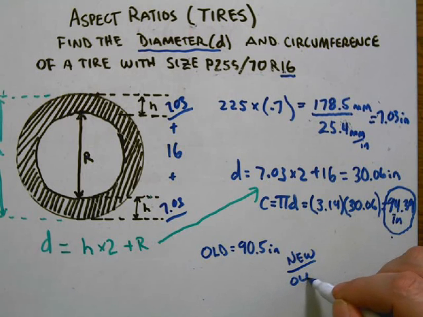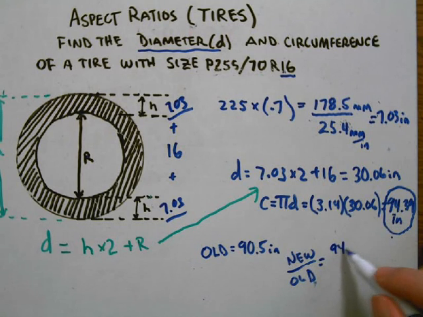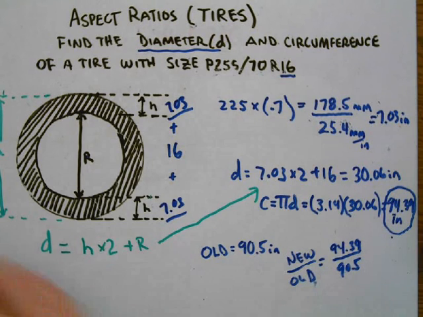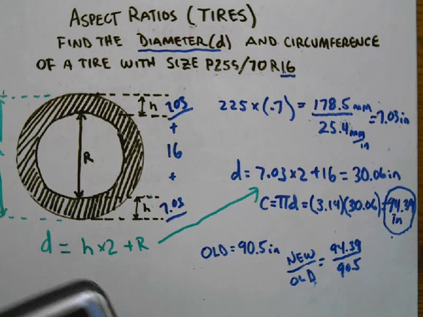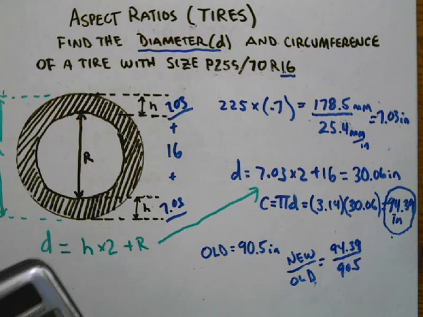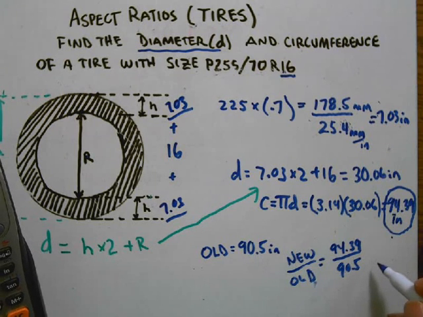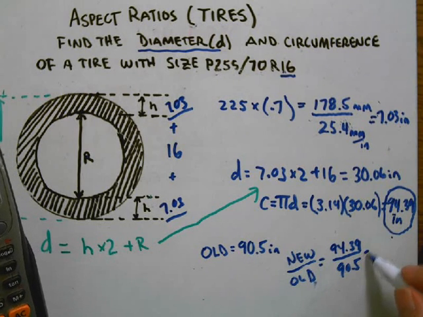So the new is 94.39. The old is 90.5 inches. Go ahead and put that in the calculator, divided by 90.5. And you get 1.04. Okay? So there's your ratio of 1.04.